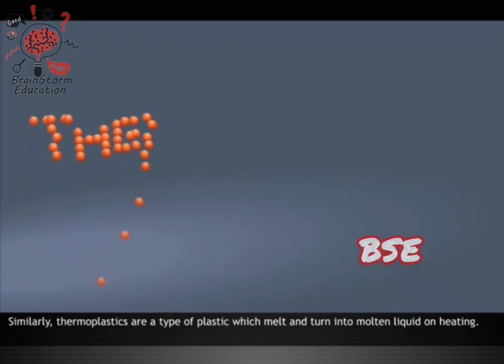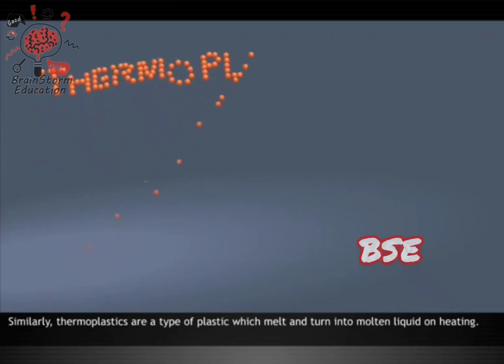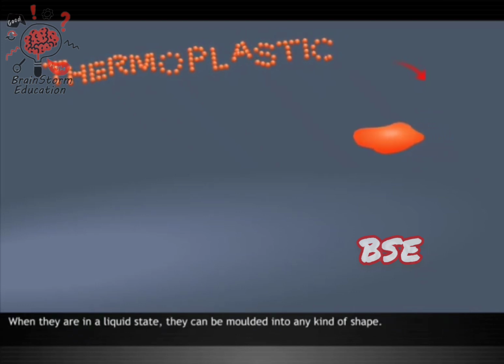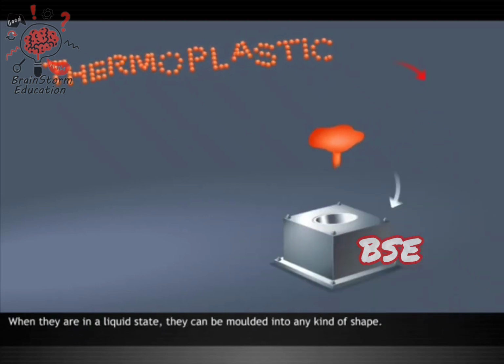Similarly, thermoplastics are a type of plastic which melt and turn into molten liquid on heating. When they are in liquid state, they can be molded into any kind of shape.